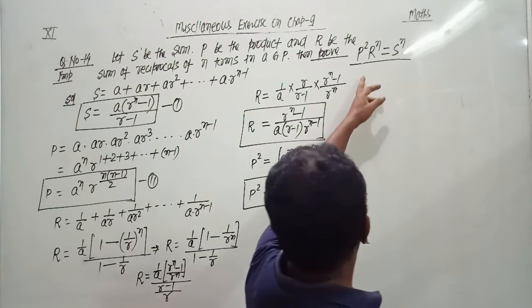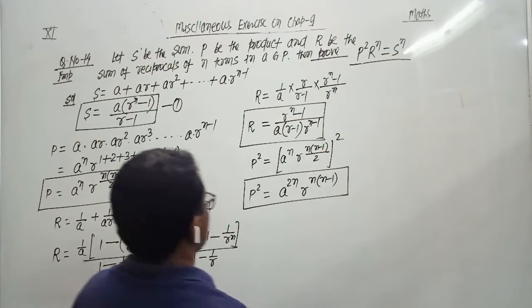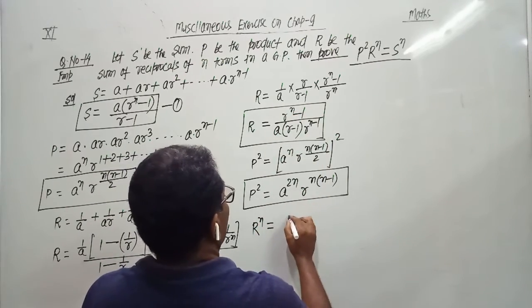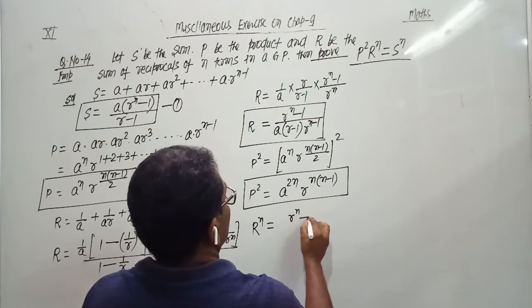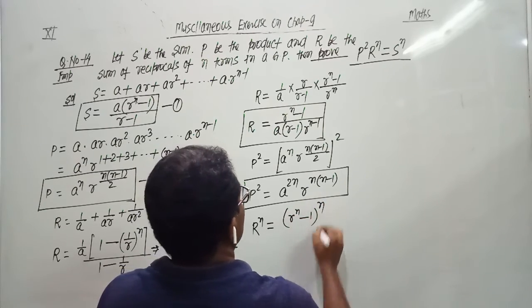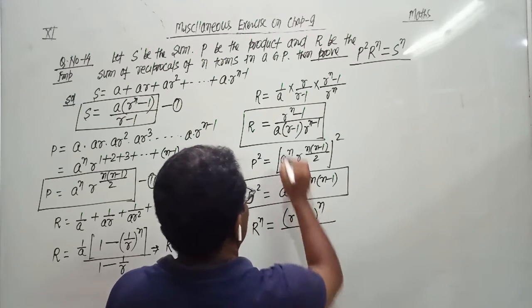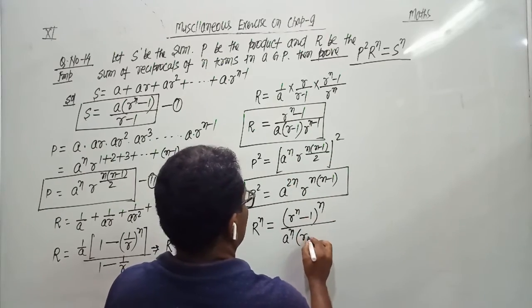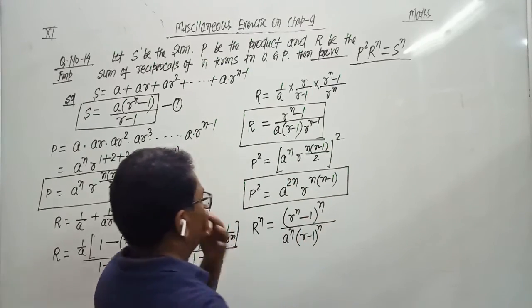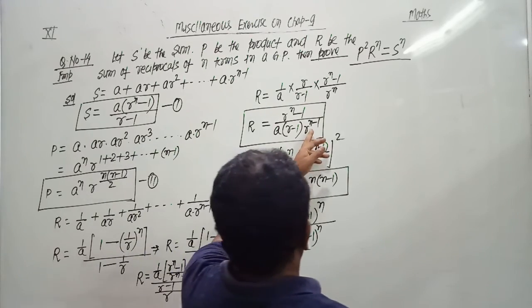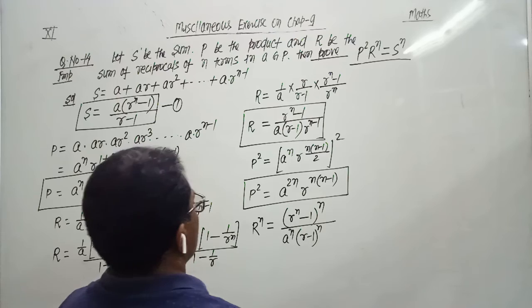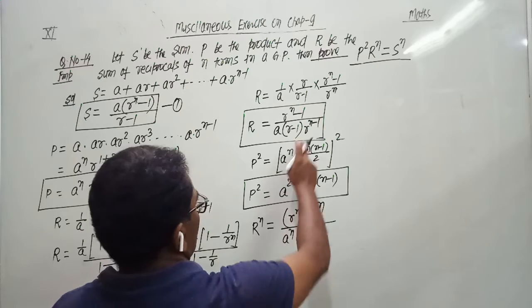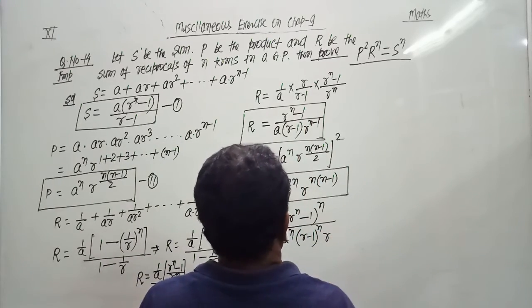Then we find the value of r raised to the power n. So r raised to the power n equals to r raised to the power n minus 1 whole raised to the power n upon a raised to the power n and r minus 1 raised to the power n and r raised to the power n into n minus 1.